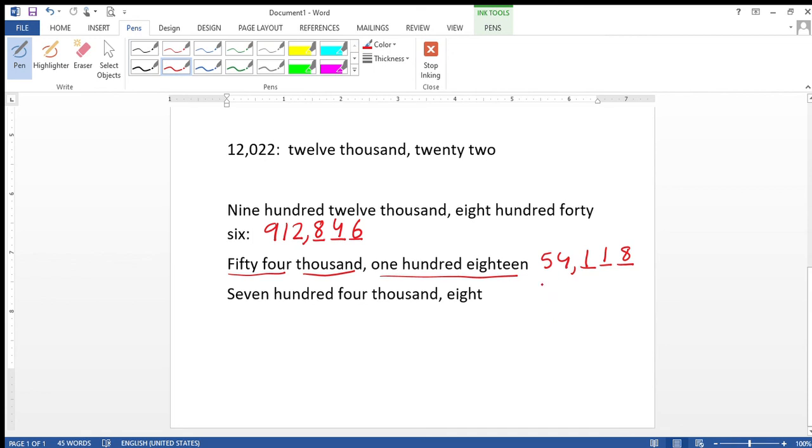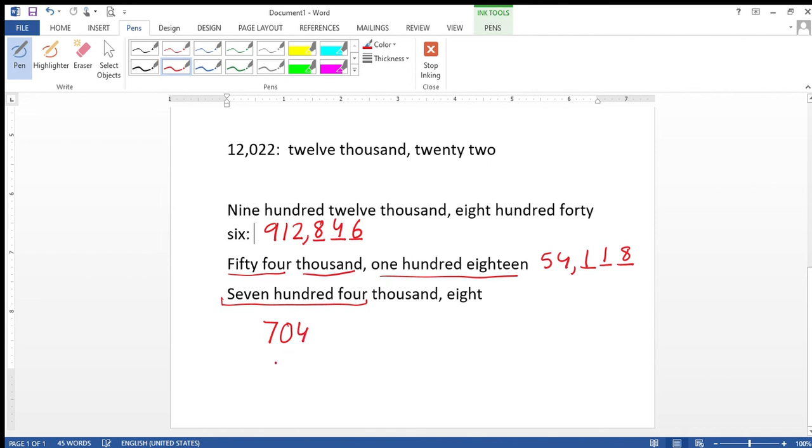Let's look at this last one. 704,000. 704. That's the first group. So this is 700. Do I have any tens here? 10, 20, 30, 40, 50, 60, 70, 80, 90? No. So I will put a 0. Then 4. 704.